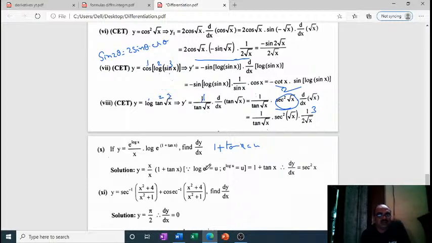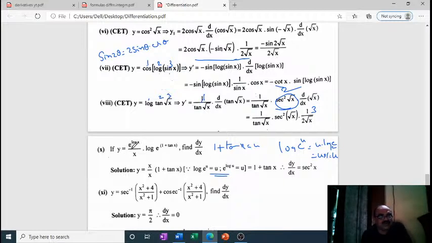Now, log of e power u equals u into log e to base e. Log e to base e is 1. So we got it as u.